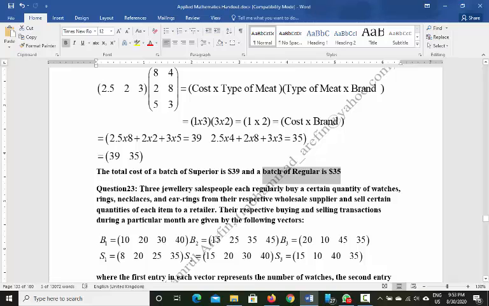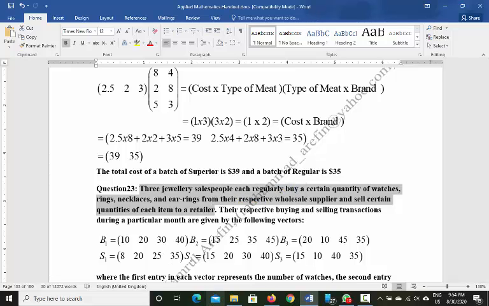Next question, question number 23. 3 jewelry salespeople each regularly buy a certain quantity of watches, rings, necklaces, and earrings from their respective wholesale supplier and sell certain quantities of each item to a retailer.